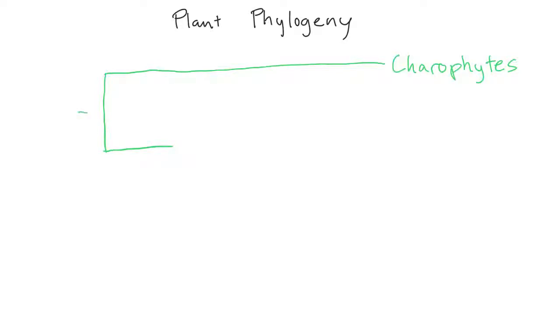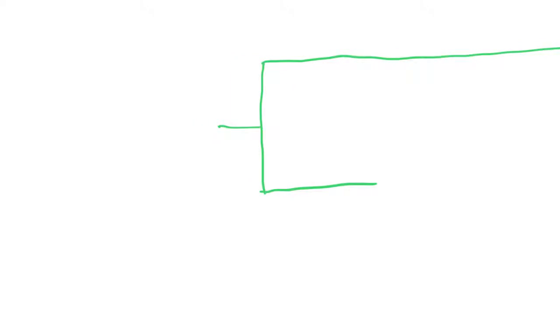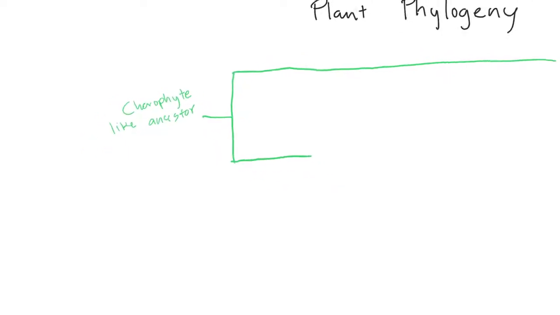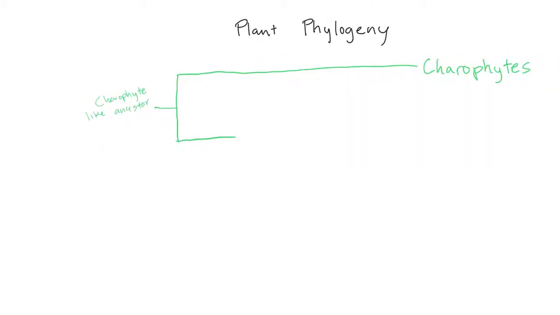So over here on this end, we would put a charophyte-like ancestor. All right.